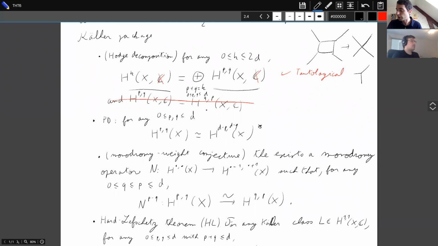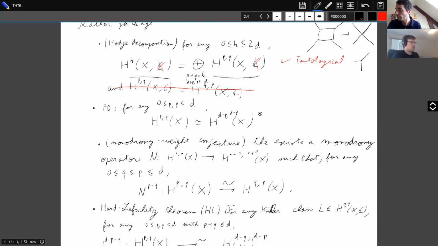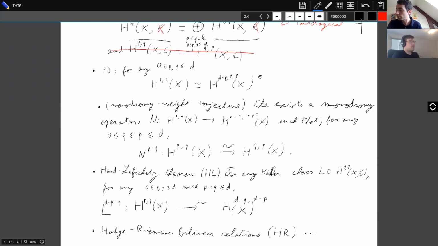Okay, so we still have Poincaré duality. And we don't have a complex conjugation because everything is real. So in fact, instead of this, there exists a monodromy operator, which goes from H^{p,q} to H^{p-1,q+1}.